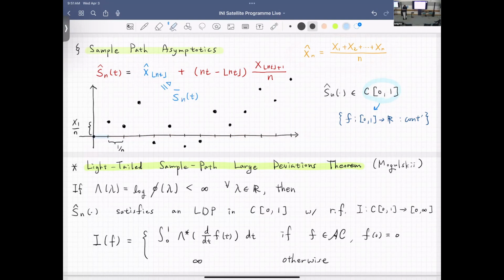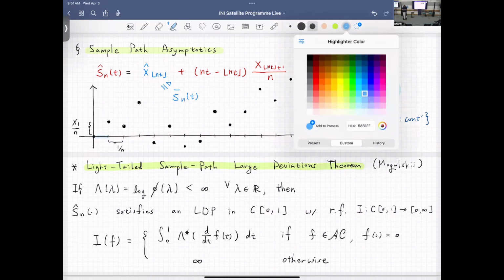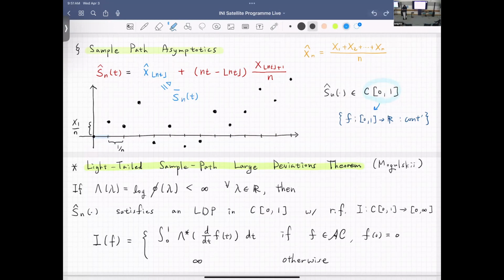It's this value here. And this one is the continuous interpolation of those.